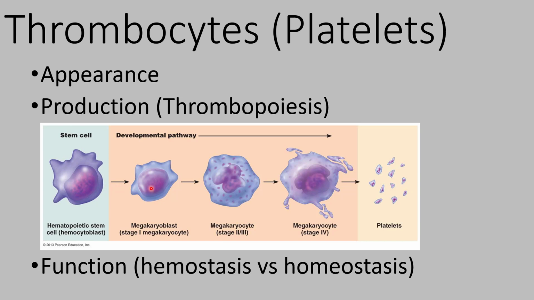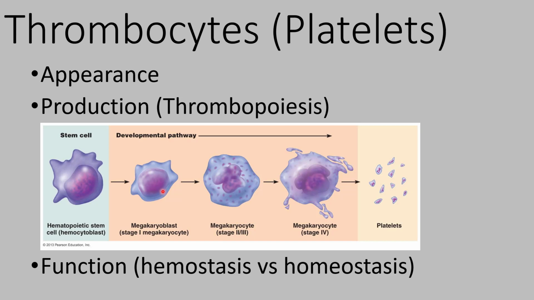Mega means big, karyo means nucleus. So here is our megakaryoblast. Another name for this is a stage 1 megakaryocyte. Well, when we get to this megakaryoblast, we are going to start making ribosomes so that we can start making granules.